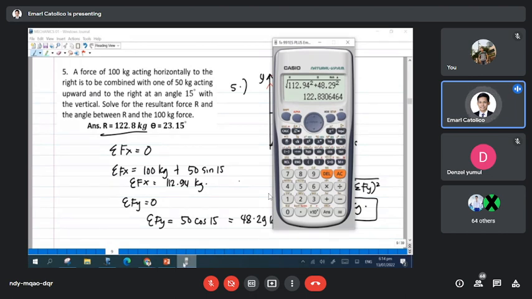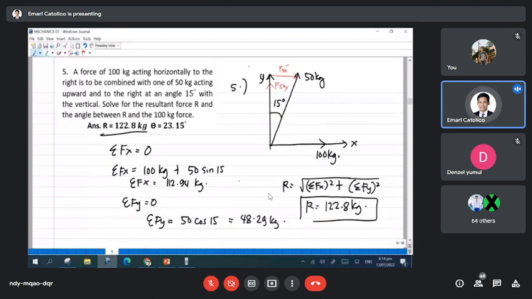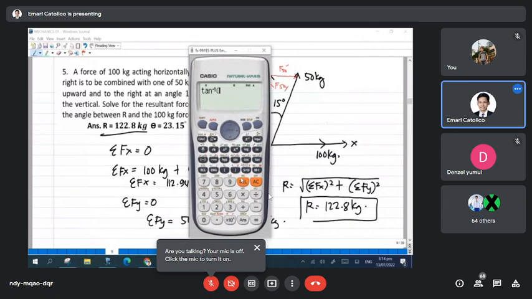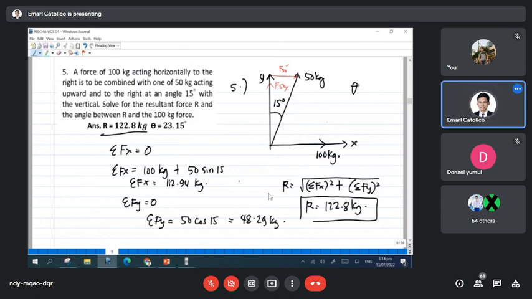Then theta natin, since ang relation natin is tangent, opposite over the adjacent. So, tangent inverse of summation of F of y over summation of F of x. Tangent inverse.